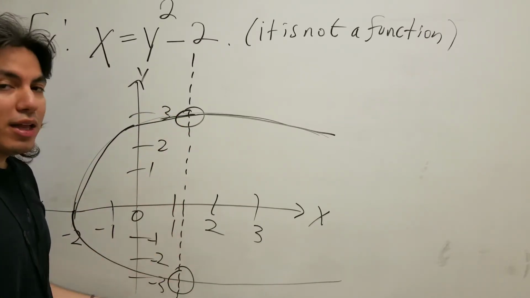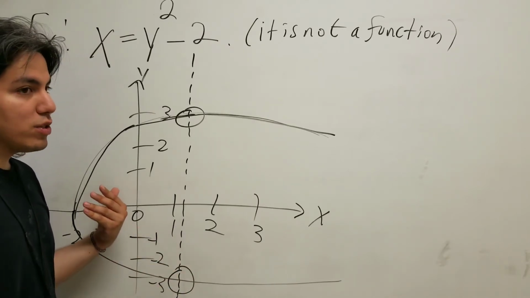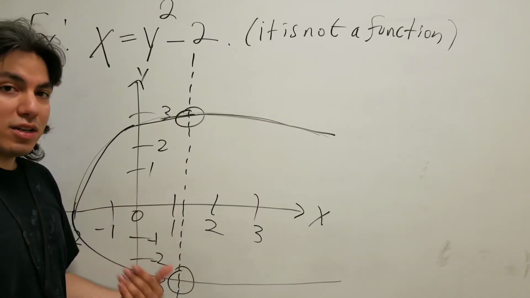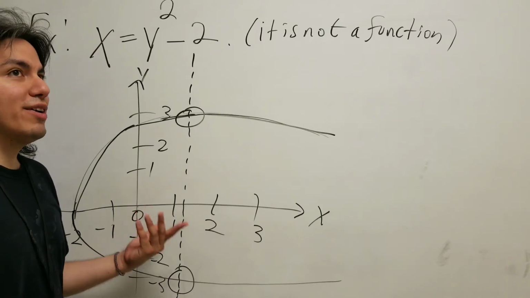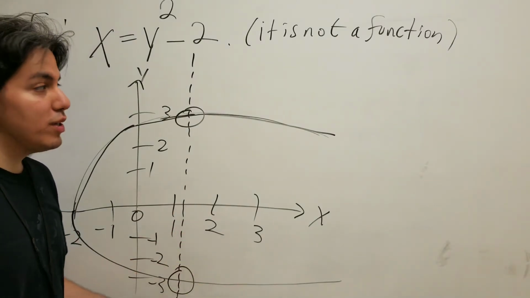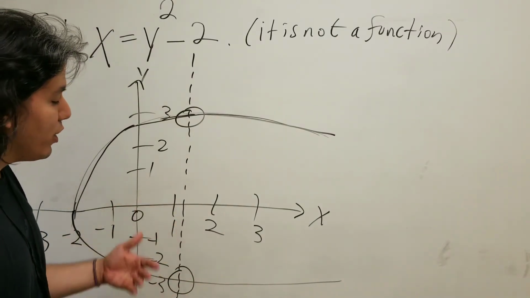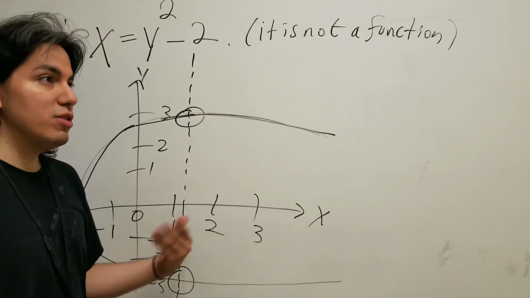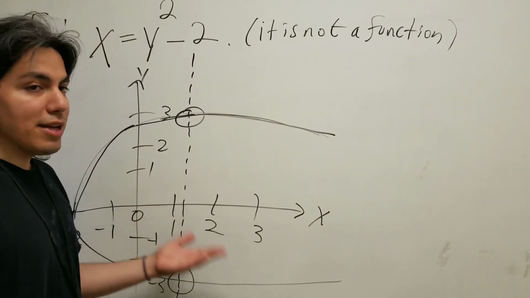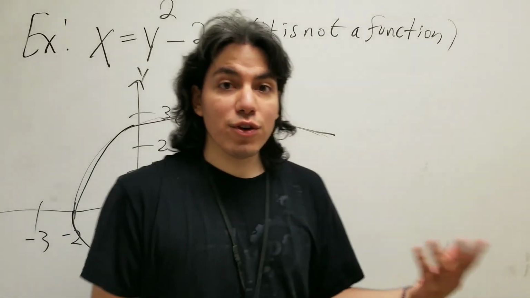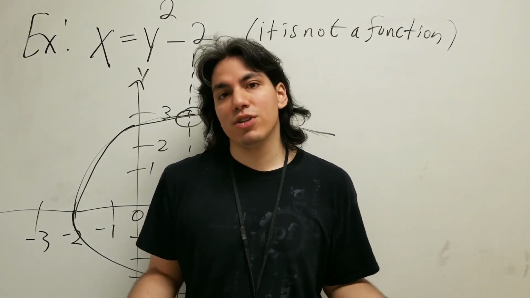Therefore, there are some elements in this set that's going to the same point, which is not onto. Not onto. It's not one-to-one. So ideally, you want to use this to tell if a function is a function or not. So that's basically how you use the vertical line test to determine if a function is a function or not.